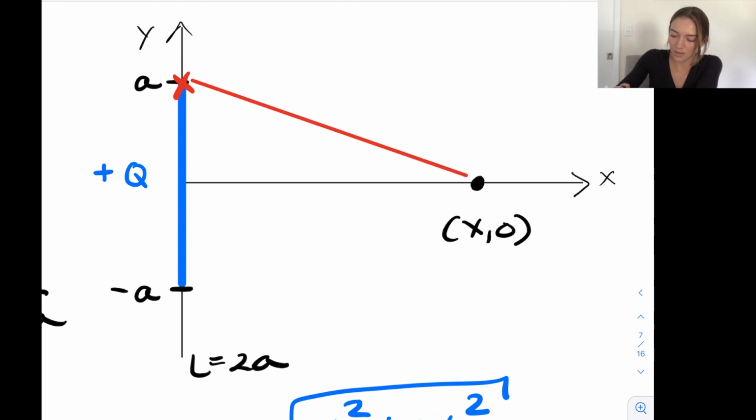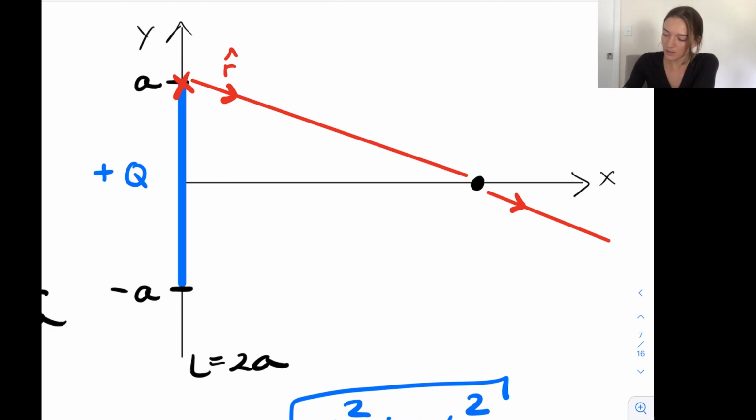R hat is going to be in this direction, and let's just extend it down this way. Remember, you can move vectors around and put them wherever you want. The important thing is that the direction doesn't change. So let's extend that vector a little bit so that we know what direction it's pointing down there. Now, let me get rid of this so it's clear.